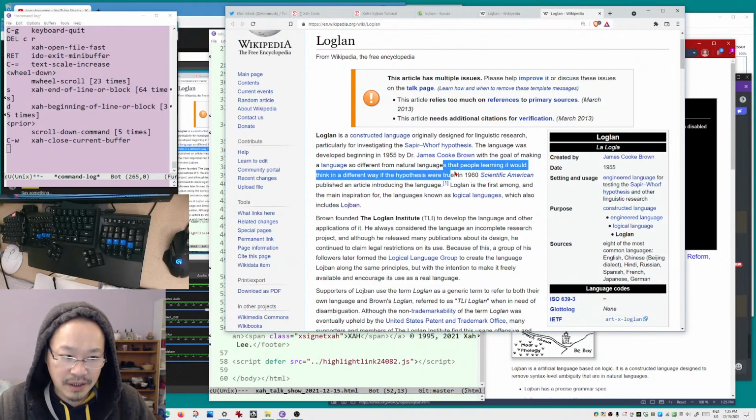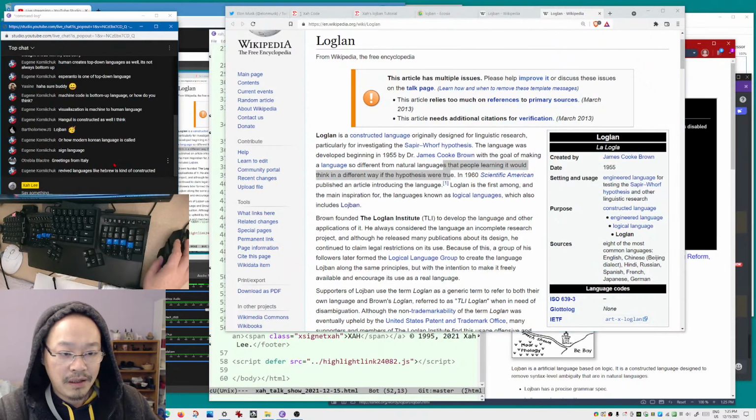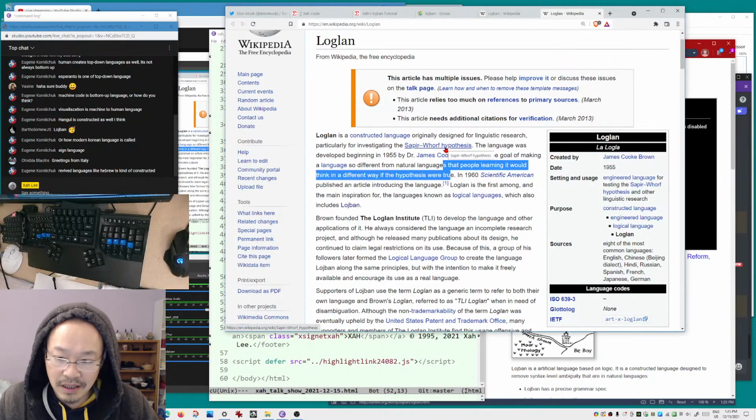For example, I grew up as a Chinese in Taiwan. I speak Chinese. Chinese is my native language. Your language, most likely English or Spanish or whatever, right? So if the Sapir-Whorf hypothesis is true, that means the way my brain works is different from yours because our languages are different.